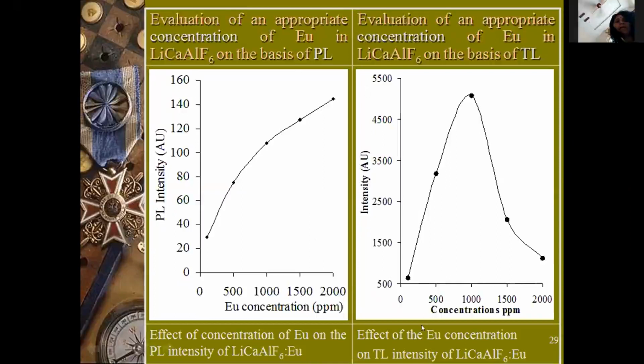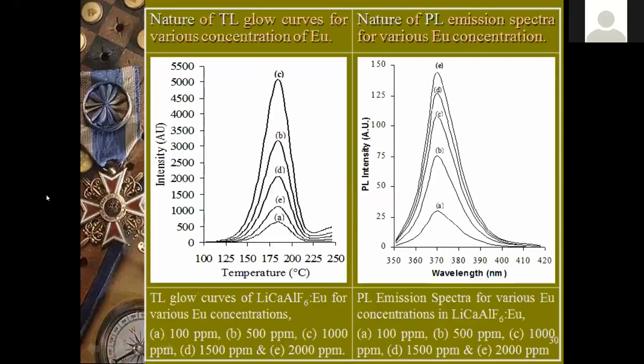This is PL intensity, this is TL intensity, and we could get around 100%. The PL intensity is inconsistent. TL is active at 1000 ppm here. So TL glow curves of LiCaF6 used for various Eu concentration.